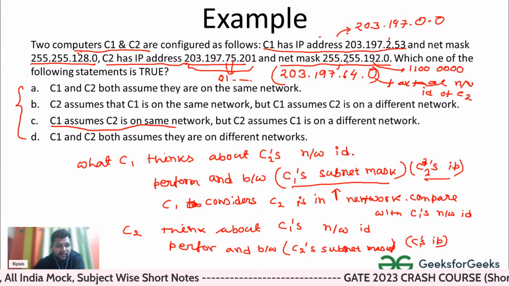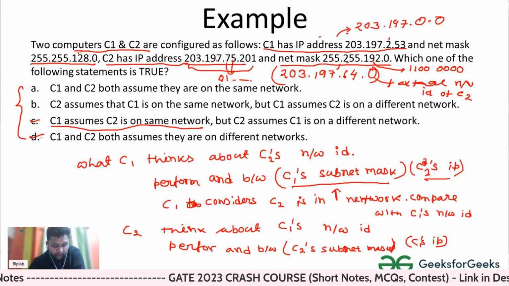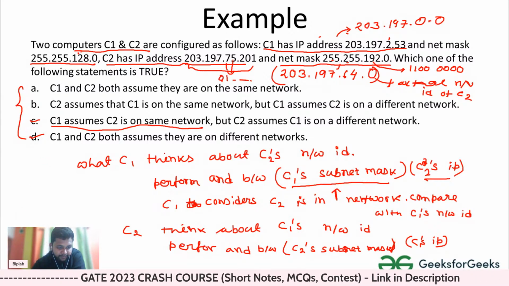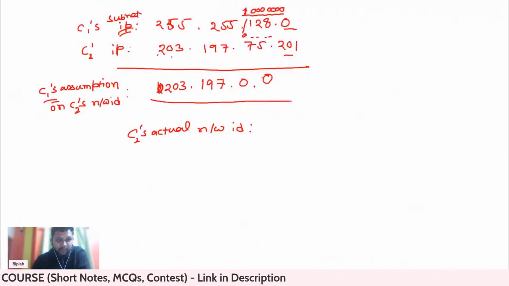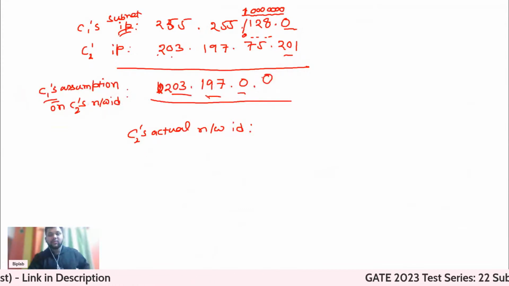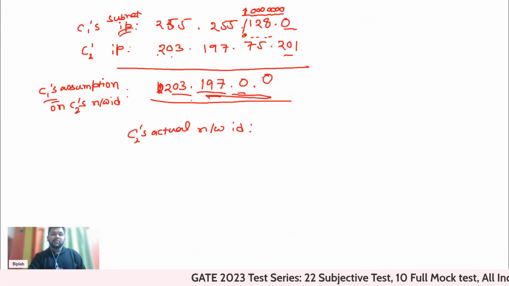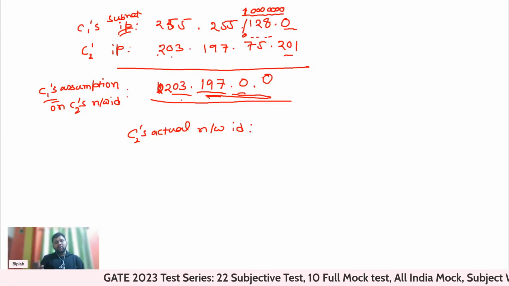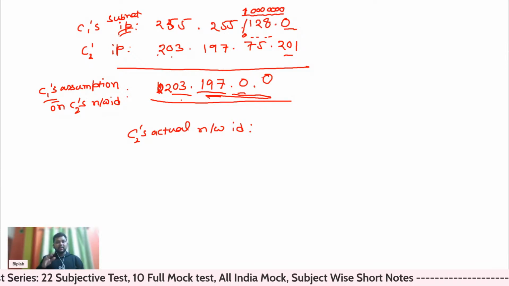This can be the option or this also can be the option. So C1 thinks C2 is in this network, and C1 itself is present in this network. So C1 thinks that C2 is also present in my network. That's why C and D can be right answer.